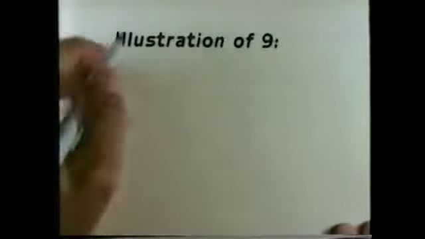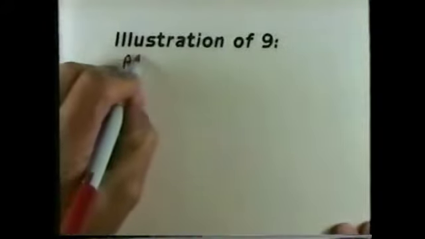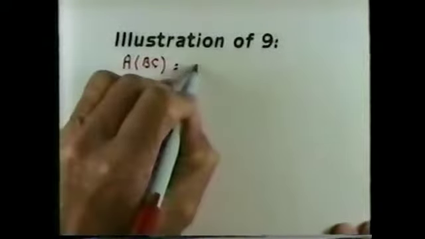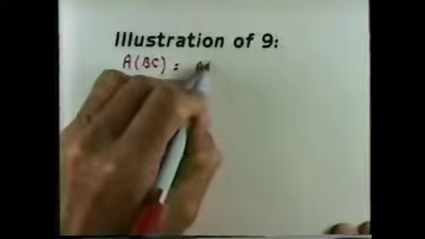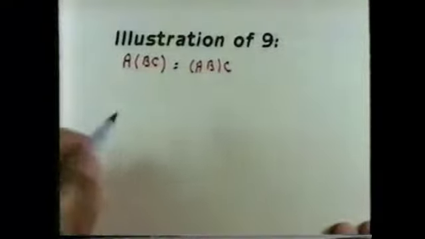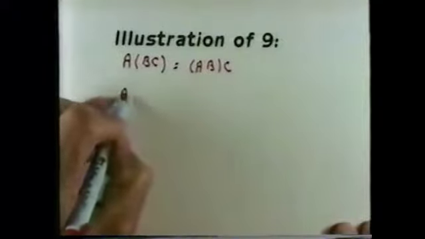So I'm going to illustrate that one. That is that A times BC is equal to AB times C.